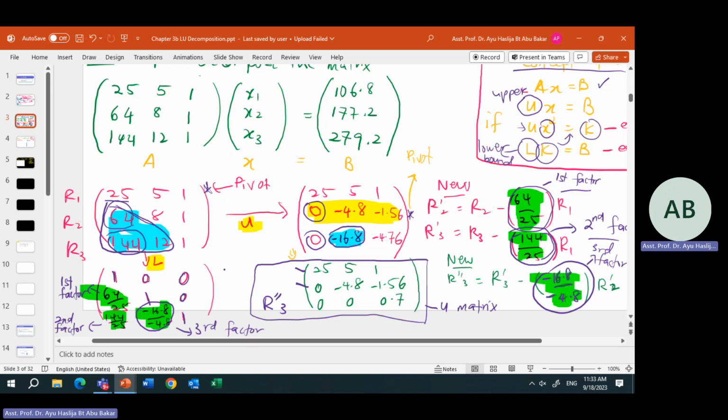So here is your L matrix. These two matrices later will be used to determine x.